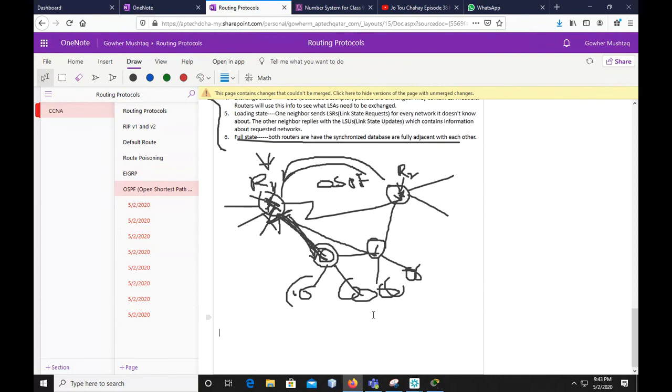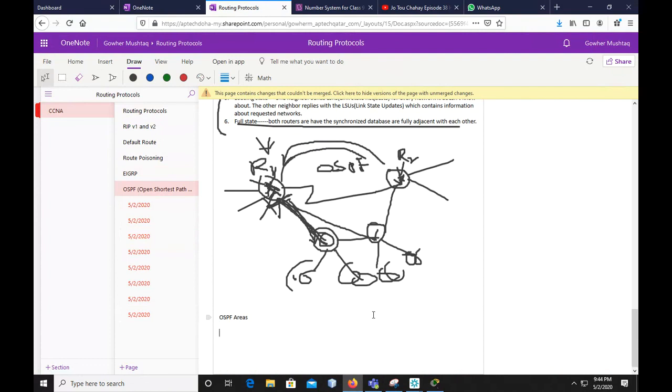Now after OSPF states, we move to OSPF areas. As I told you, here it's nothing like autonomous systems. Autonomous system is still there, but area is very important. OSPF uses the concept of areas, not of autonomous systems.